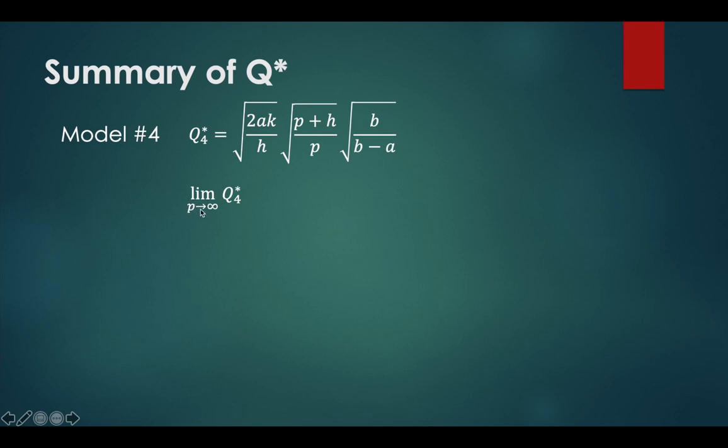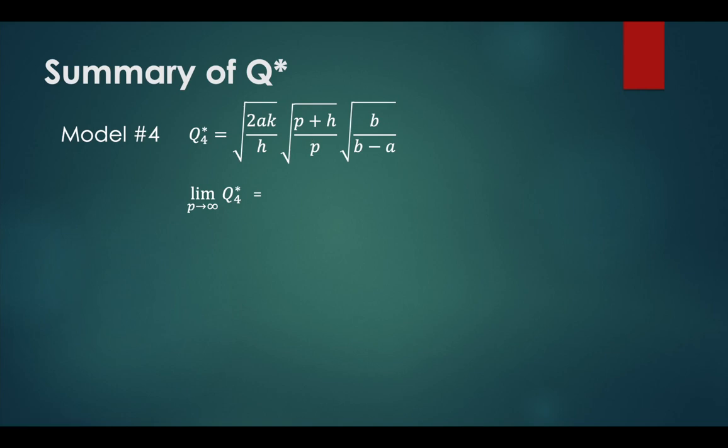P is the shortage cost. So what are we trying to do when we get the limit as P approaches infinity, or as P becomes a very, very big number? Imagine your shortage cost to be a very, very big number. What happens to this equation?